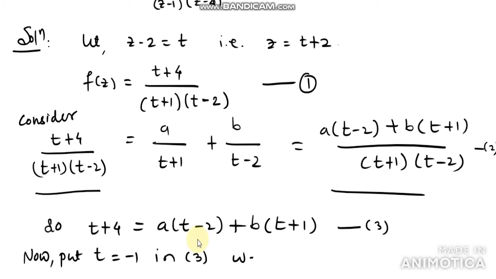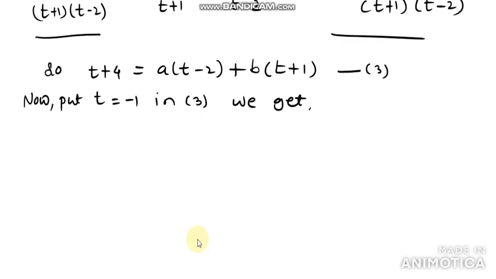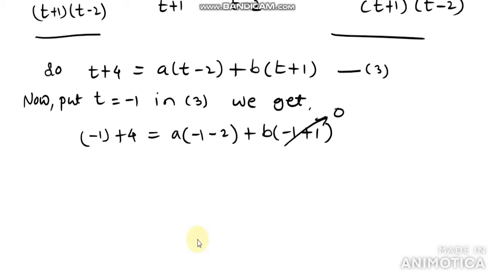In 3 we get minus 1 plus 4 equal to a into minus 1 minus 2 plus b into minus 1 plus 1. So this term vanishes. That will be 3 equal to minus 3a, that means a equal to minus 1. So from this equation we get a is equal to minus 1.